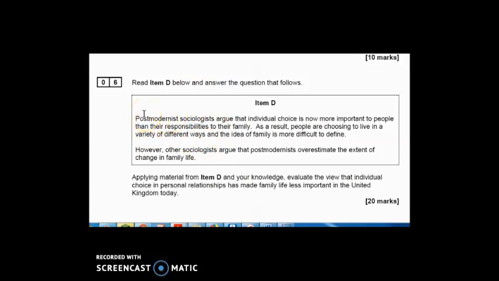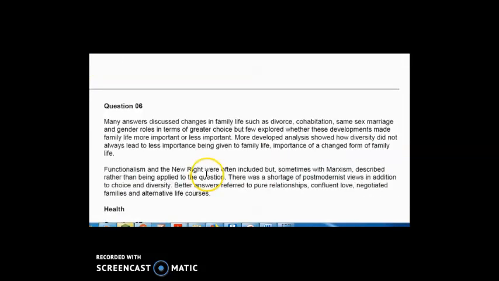So let's check out the examiner report to see what students did. Many answers discussed changes in family life such as divorce, cohabitation, same-sex relationships and gender roles in terms of greater choice, but few explored whether these developments made family life more important or less important. More developed analysis showed how diversity did not always lead to less importance, and the importance of a changed form of family life.